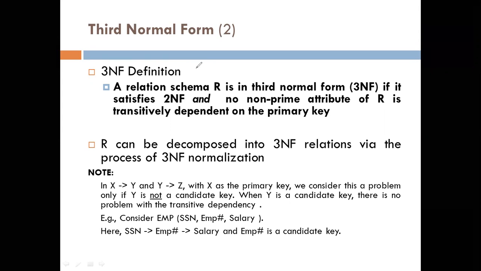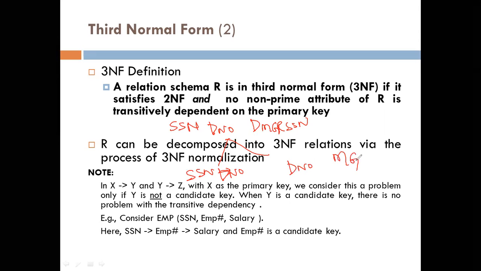In the previous example, when we had a relation with SSN, department number and department manager SSN, we will decompose the table. In the first, we will write SSN determining department number and put these two in one table, and in another table we will put department number and department MGR SSN.